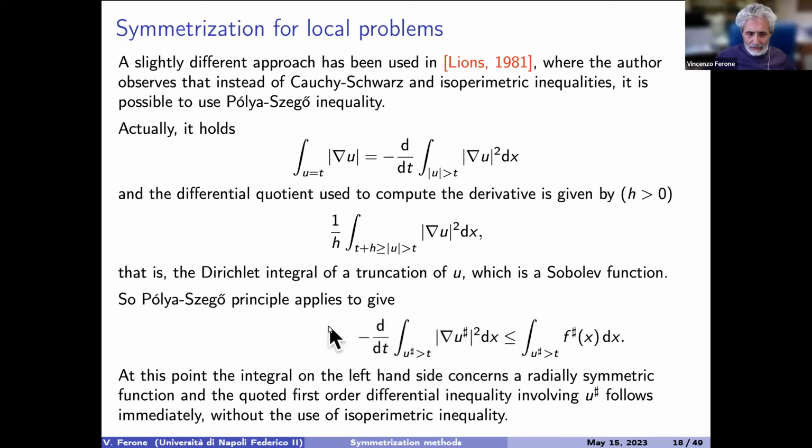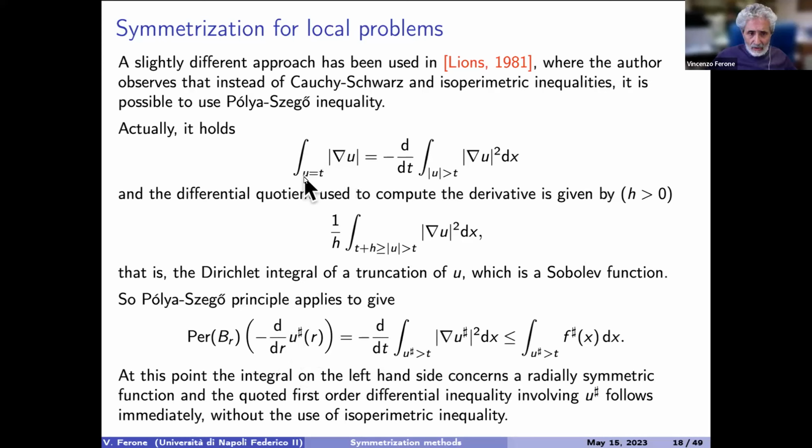And so this can be explicitly computed. The gradient of u sharp squared times the, okay, this quantity is like this. The gradient of u sharp is minus d over dr of u sharp.